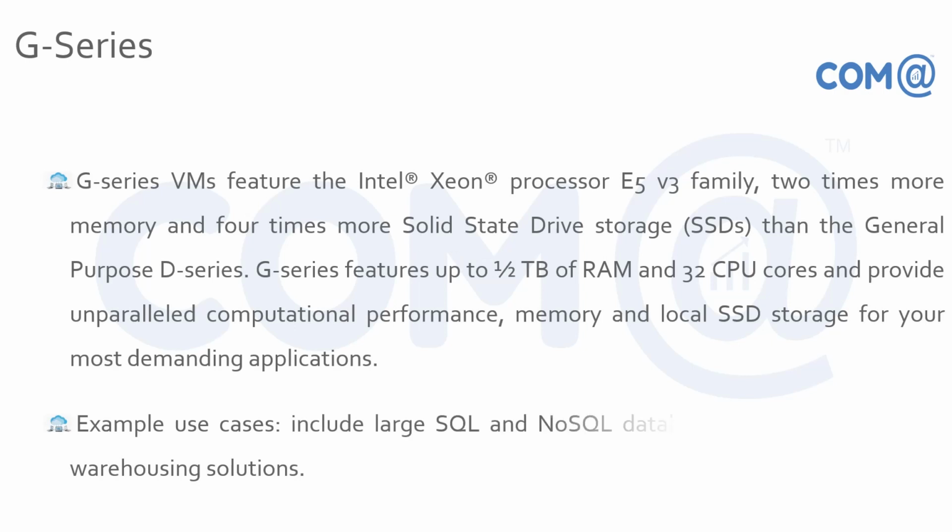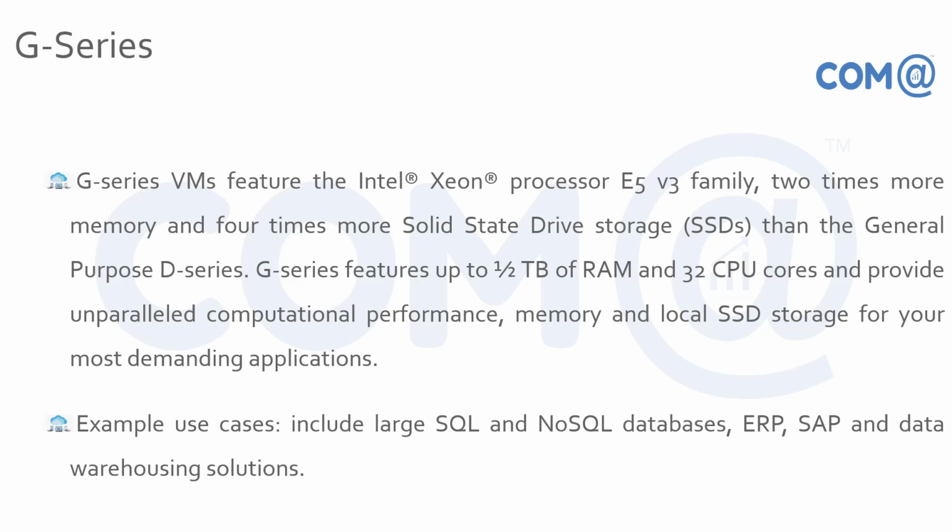G series virtual machines feature the Intel Xeon processor E5 v3 family, with two times more memory and four times more SSD storage than the general purpose D series.